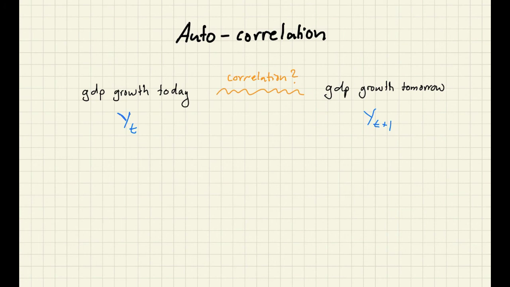So if GDP growth is positive today, do I expect GDP growth tomorrow also to be positive, or do I expect it to be negative? So we have y_t and y_{t+1}, that's a segment of size 2. And wondering about the sign of the correlation is wondering about the behavior of such a segment of size 2. In particular, we are wondering about the covariance between those two.